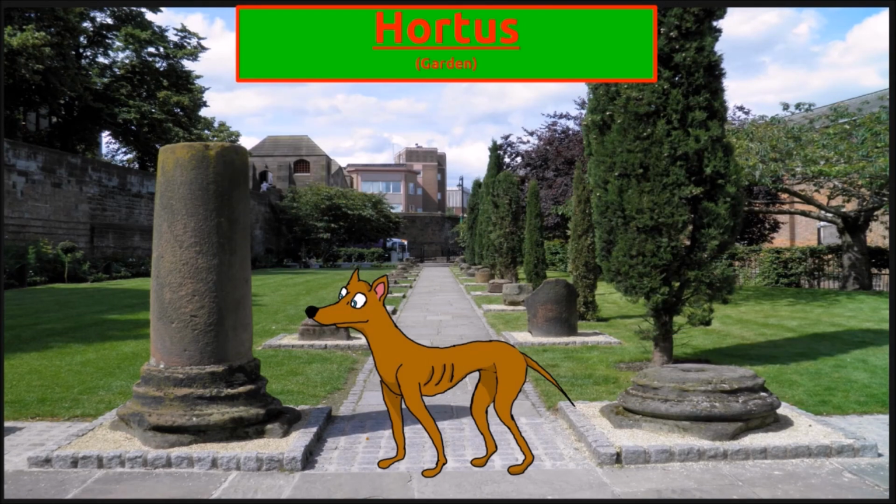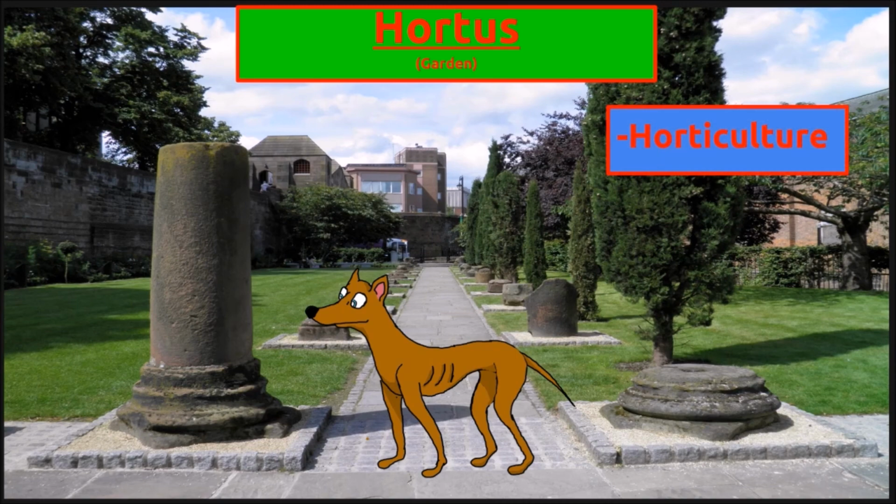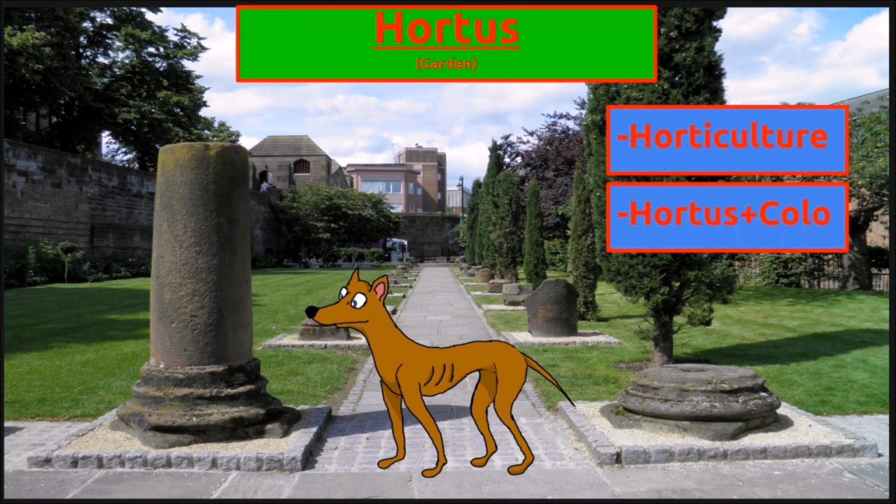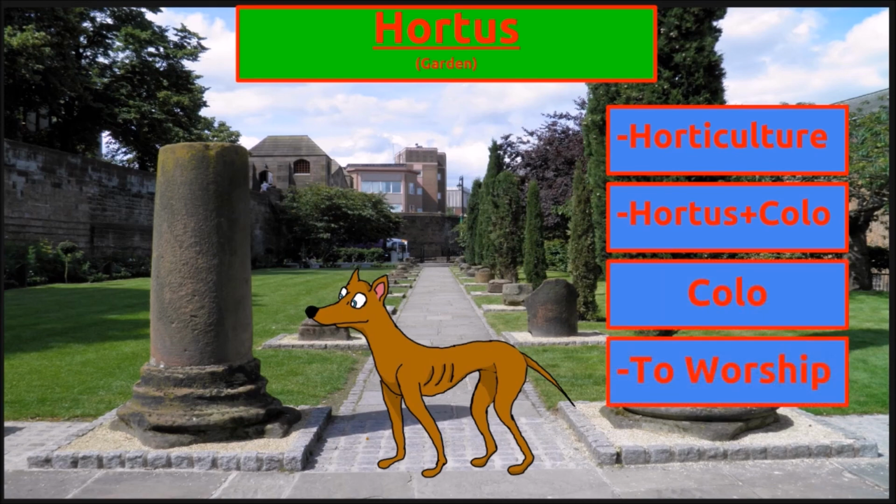Now we're going to take a look at the location the dog is actually in. The hortus, or the hortum. The garden. A word that comes from this would be horticulture. Of course, this is more than one Latin word. It's hortus plus colo. Colo means to worship or to cultivate. So, horticulturalists worship or cultivate the garden.